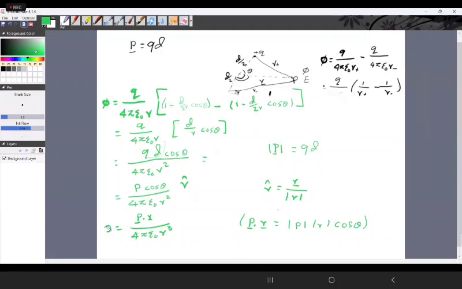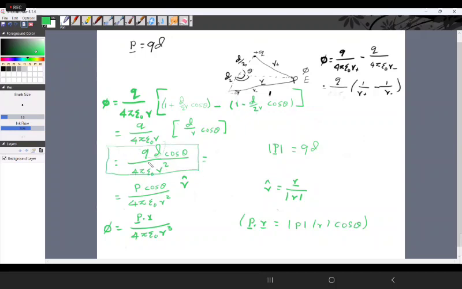So finally, we can derive that the potential at a distance r from a dipole is equal to p dot r over 4 pi epsilon naught r cubed. If you need to use only the charge and the displacement, then you can stop in this situation.